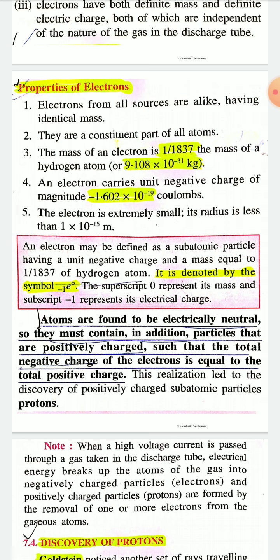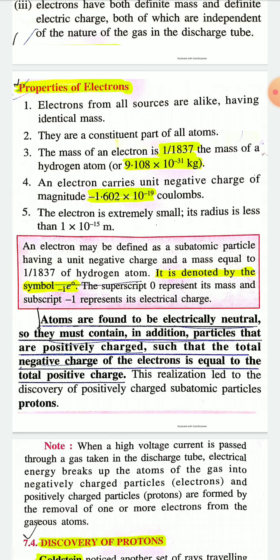An electron is represented by the symbol e. Sometimes it is written as minus 1 e 0, where minus 1 represents its electrical charge, and in coulomb the charge is minus 1.602 into 10 to the minus 19 coulomb.